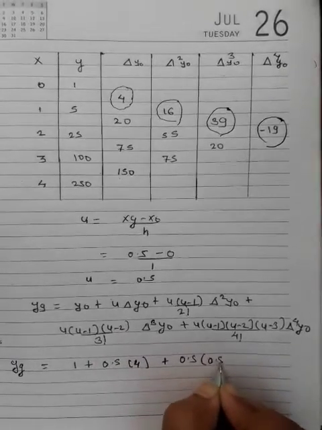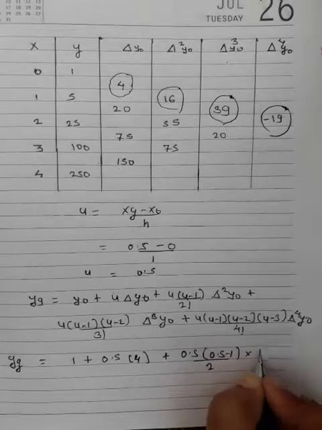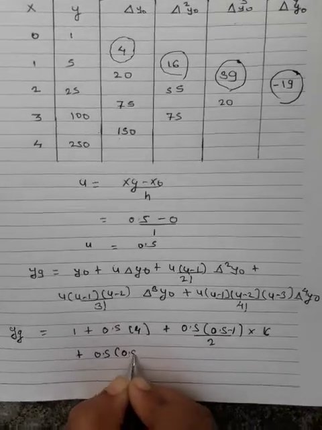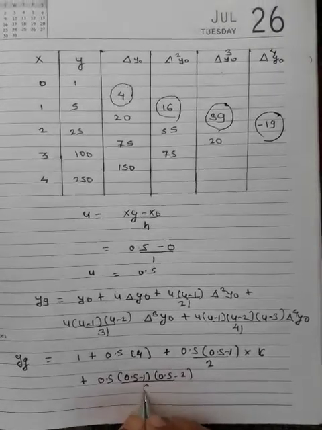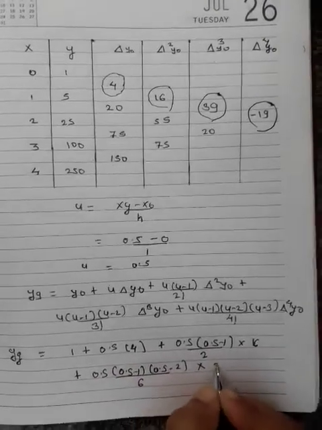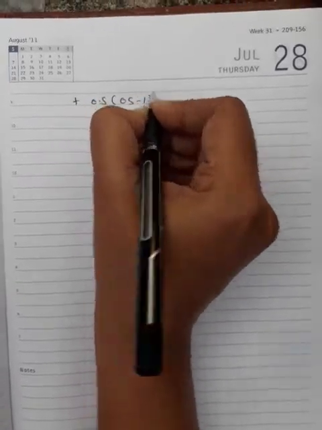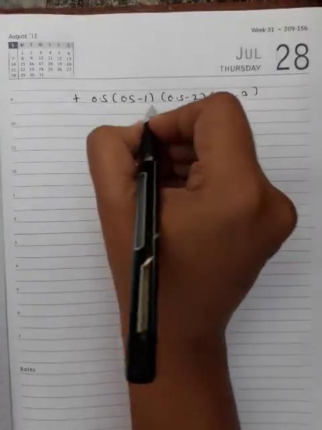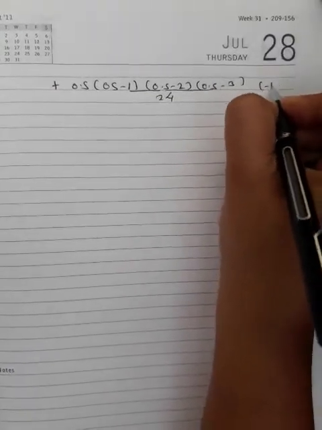So you have to enter all those values. 0.5(0.5 minus 1) upon 2 factorial into delta square y0, which is 16, plus 0.5(0.5 minus 1)(0.5 minus 2) upon 3 factorial, which is 6, into delta cube y0, which is 39, plus 0.5(0.5 minus 1)(0.5 minus 2)(0.5 minus 3) upon 4 factorial, which is 24, into minus 19.